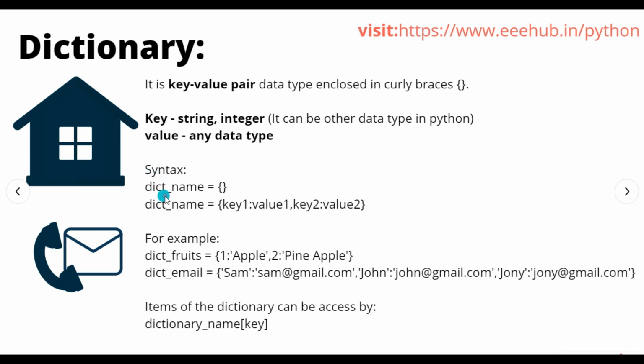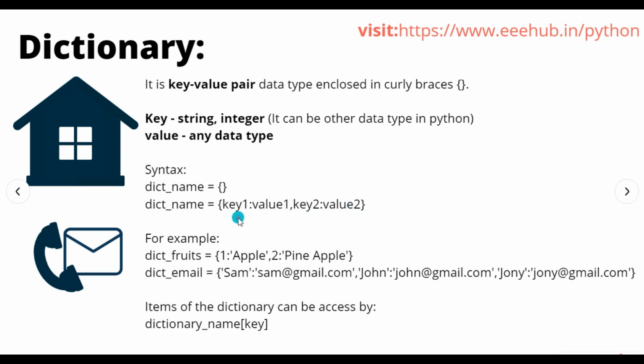For creating a dictionary, this is the syntax. You just write the variable name of that dictionary, then the assignment operator followed by the open and close curly braces. The second example has key and value pairs, separated by commas.